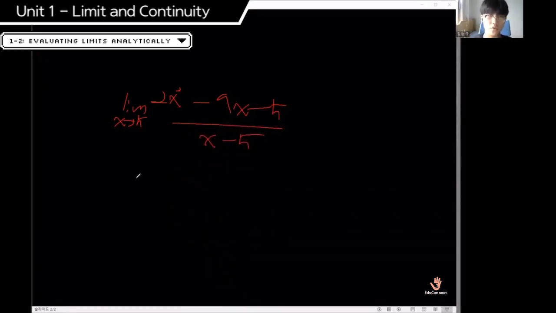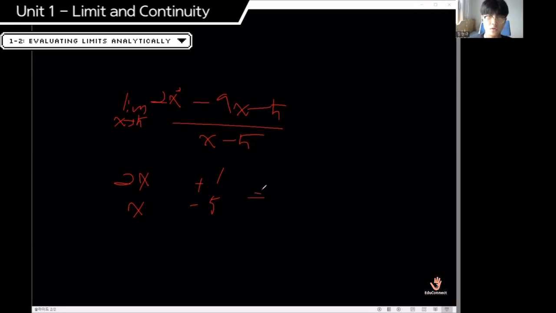We could do this by graphing, and we could do this by a table of values. But I still want to be able to do this in an algebraic way. So we're going to solve this by factoring. If you look at the numerator, we get 2x, and we get 1 and 5, and we get positive and negative.